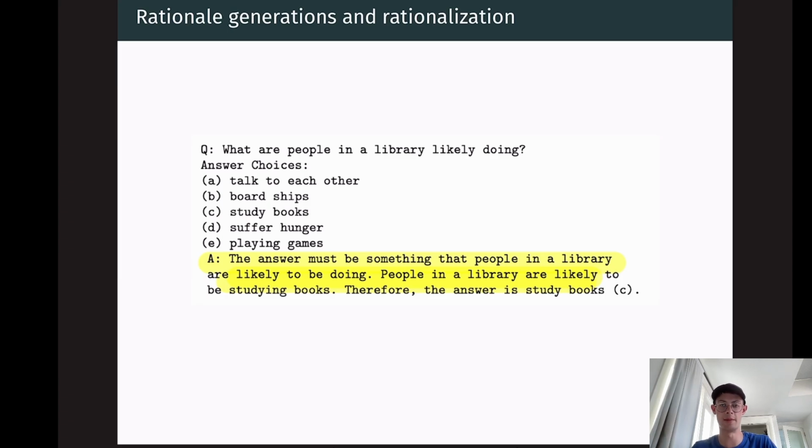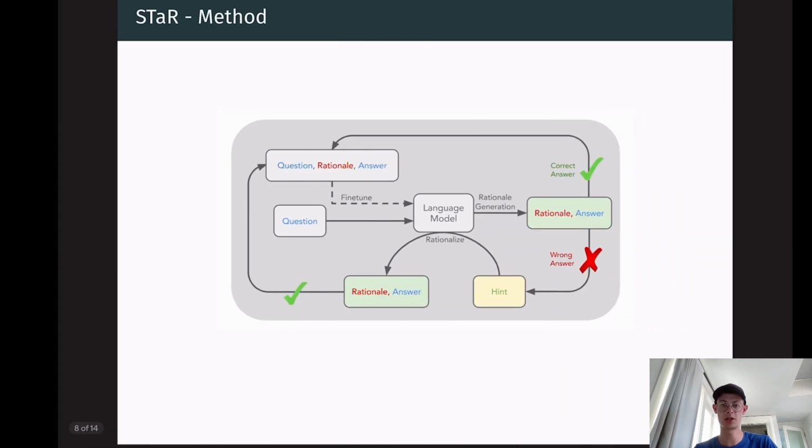So what is the STaR method? The STaR method consists of two main parts. The idea is, instead of just prompting the model to give a rationale before it gives its answer, what we're going to try to do is fine-tune the underlying language model on those rationales, in particular on the good rationales. And what I mean by a good rationale is one that ends up leading to the correct answer.